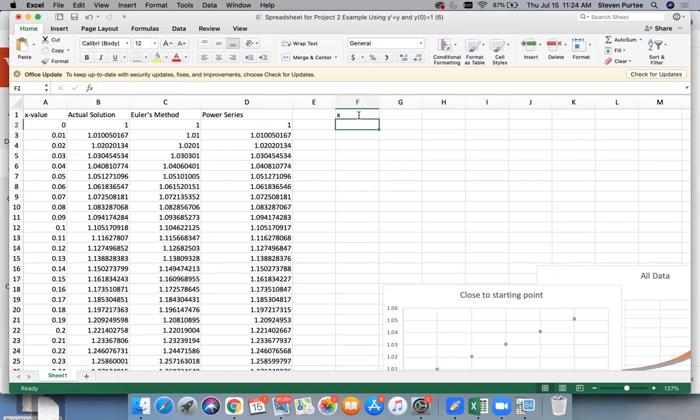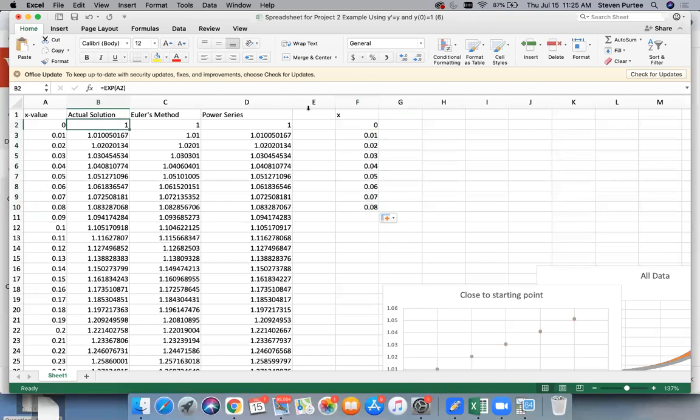We're looking for x equals 0.5, the y value for that. So equals 0. And now I could type all these out, but I can increment this by saying this value here equals the previous value plus 0.01. And then I could drag that down and generate as much as I want.